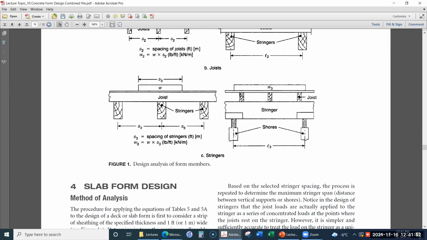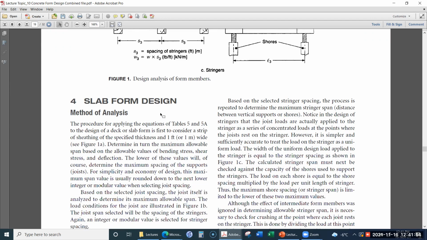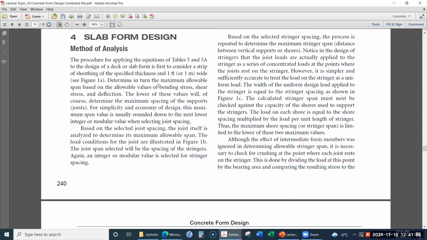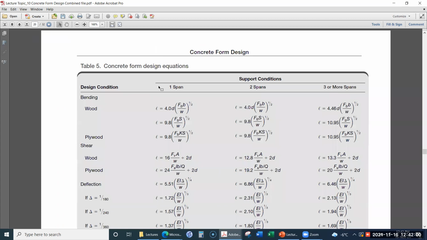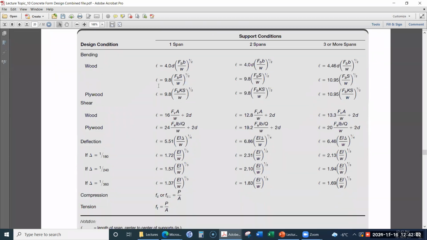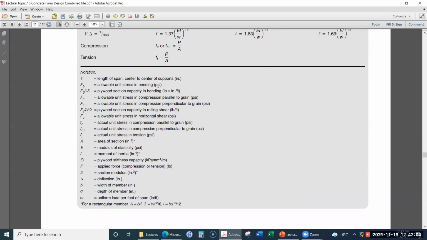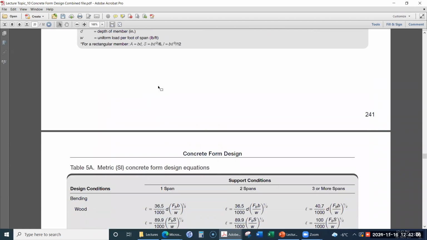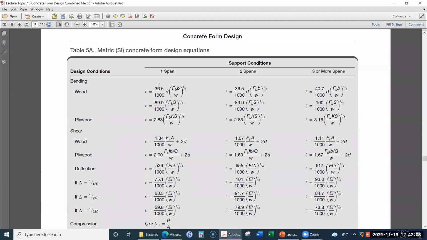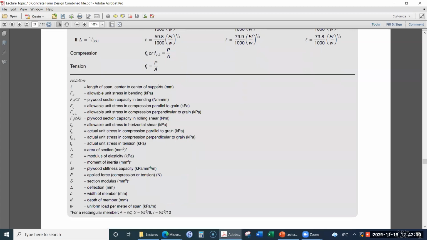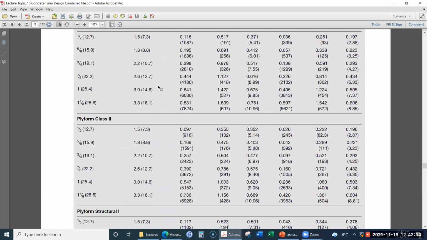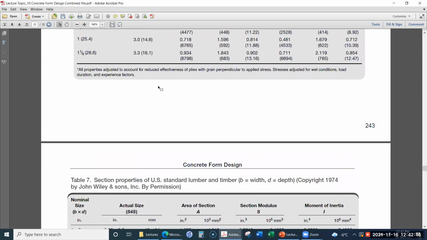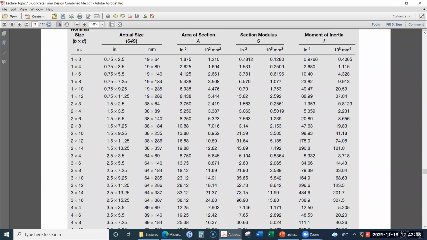In the slab form design we can perform such a method of analysis, and relevant information has been given over here. What I can do is go through the example, and with that example I will explain the steps.